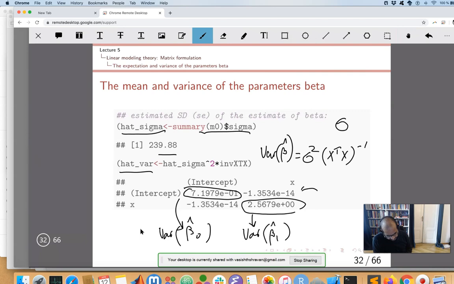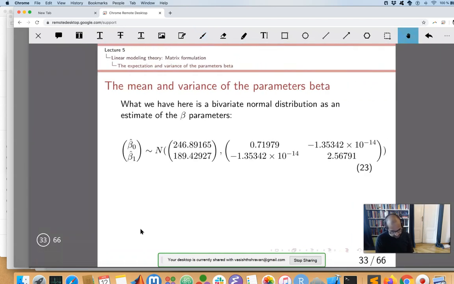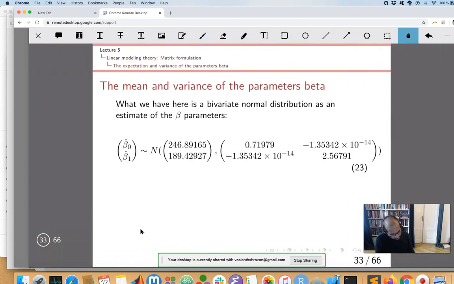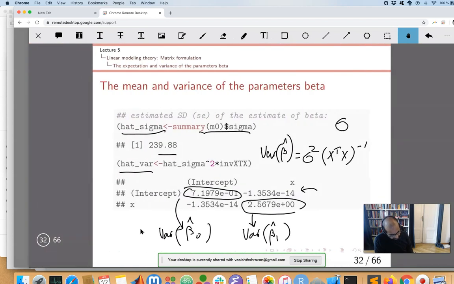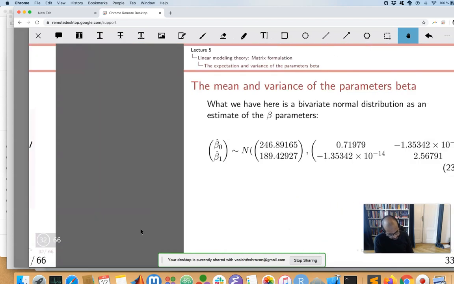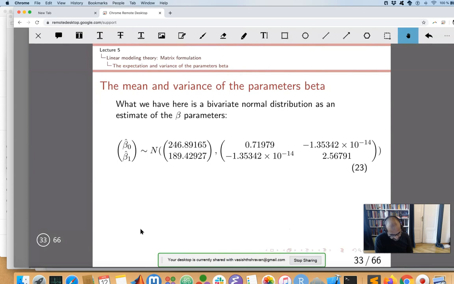The off diagonal is showing me something interesting, which I will now explain. This matrix of variances is actually something called a variance covariance matrix, and this kind of matrix is used to describe a situation where you have two variables that may be correlated with each other.